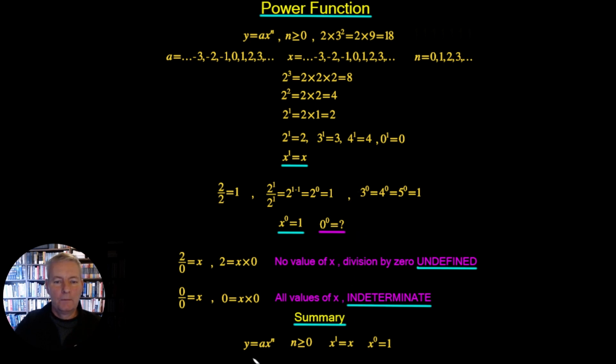Okay, so in summary, our little power function here is going to be y is equal to a x to the n. We'll have to take note that n is greater than or equal to 0. We also know that x to the power of 1 is equal to x, x to the power of 0 is equal to 1, and in the special case here, 0 to the power of 0, we're going to make that 1 as well.